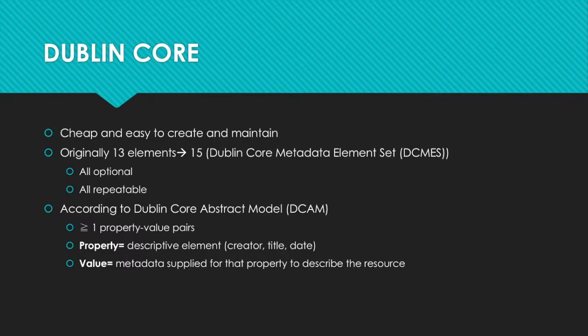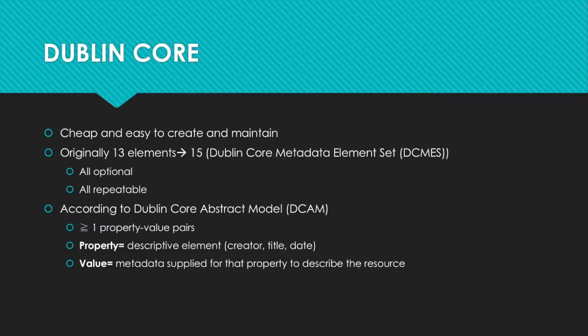According to the Dublin Core Abstract Model, or DCAM, every resource has to have one or more property value pairs, which essentially means there needs to be one property or descriptive element and one value.